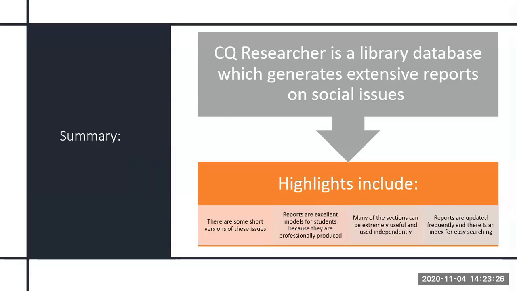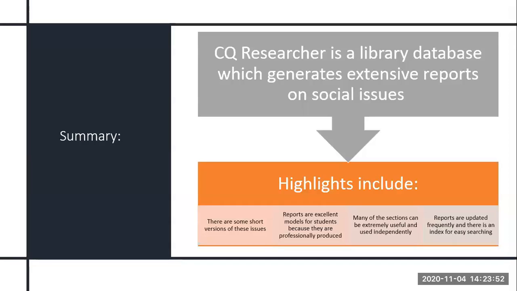They do have shorter versions of these reports. I failed to mention, the regular reports are usually around 30 to 40 pages, while the short reports would be much shorter, 5 to 10 pages. You saw all those sections at the beginning of the presentation, all those features, the table of contents.